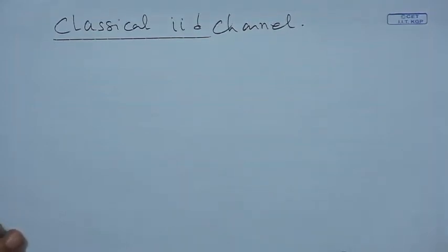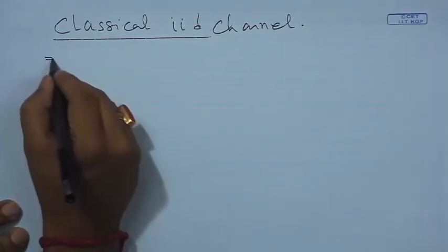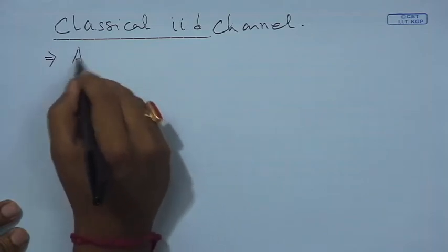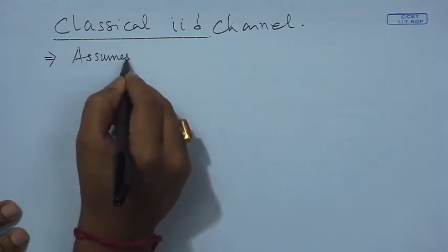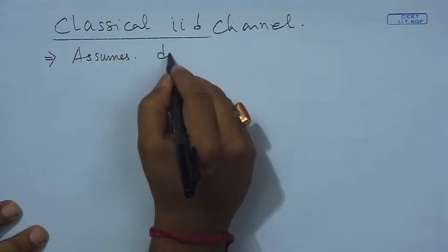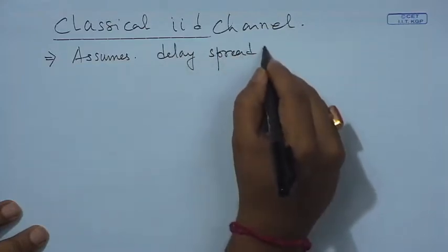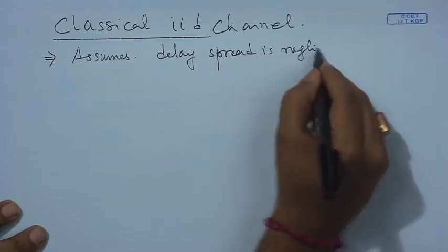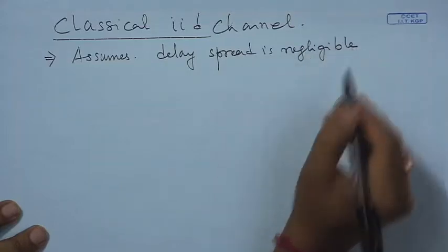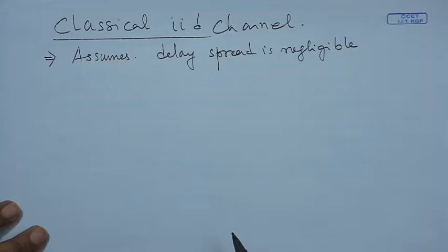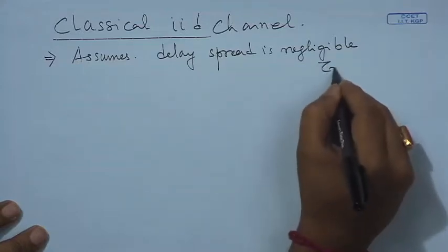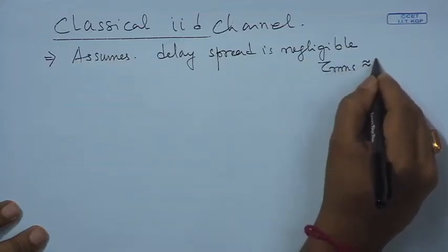The classical IID channel makes, as its first assumption, that the delay spread is negligible. In other words, tau RMS is approximately equal to 0.